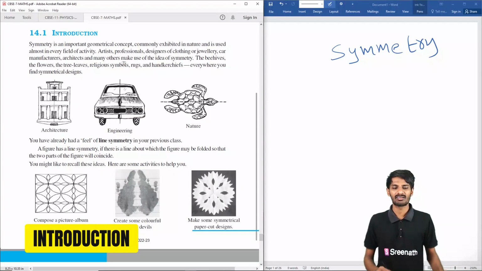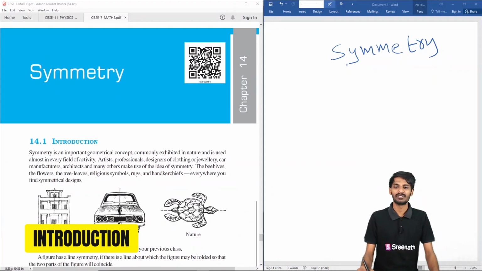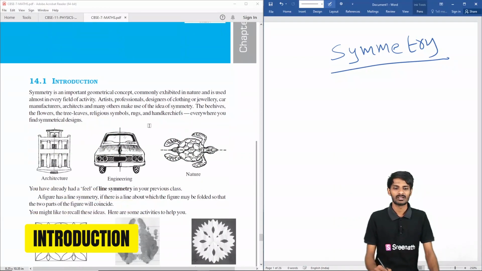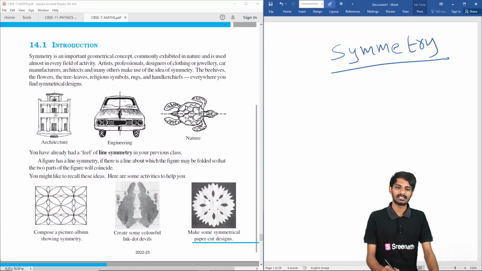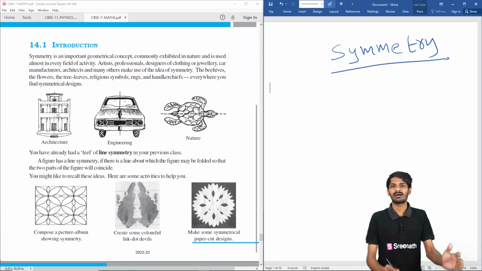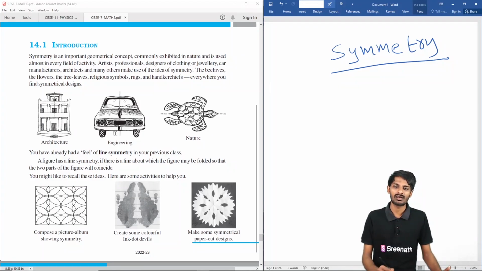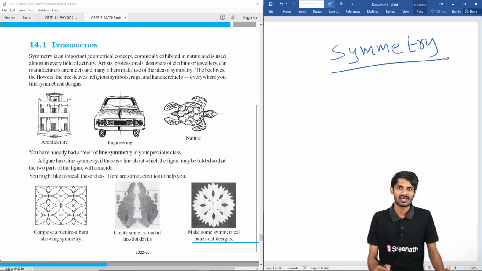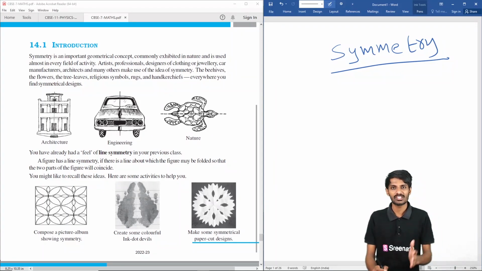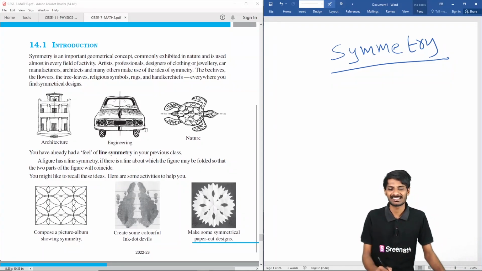Now we will start our discussion regarding this symmetry chapter. So if you see, it is a building. Regarding buildings, in architecture there is symmetry. This is a car, it is an engineering design, so in engineering also there is symmetry, and in nature also there is symmetry.